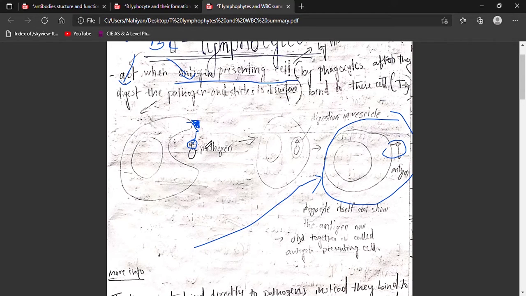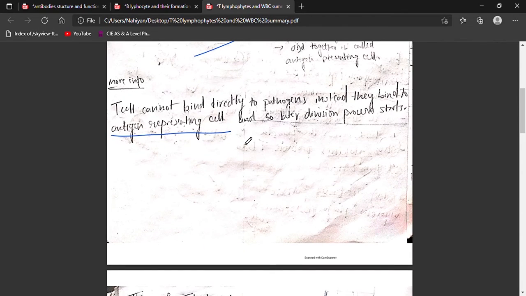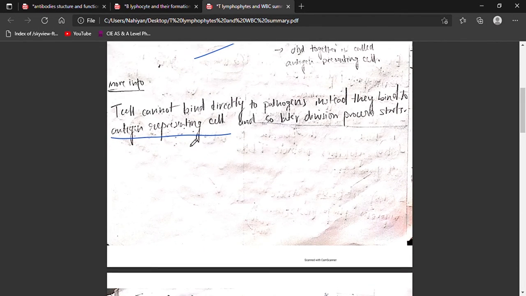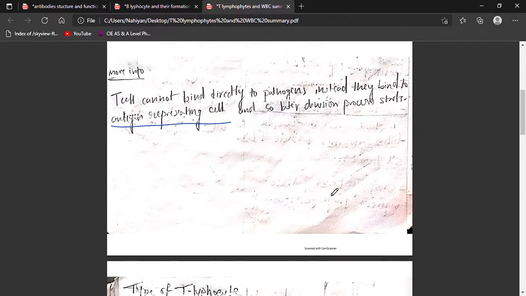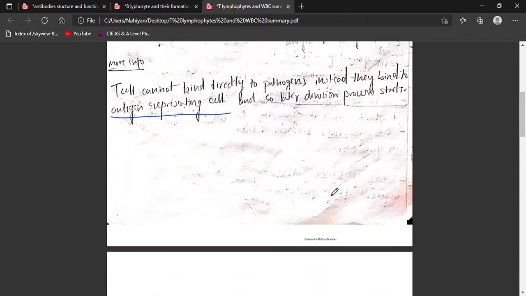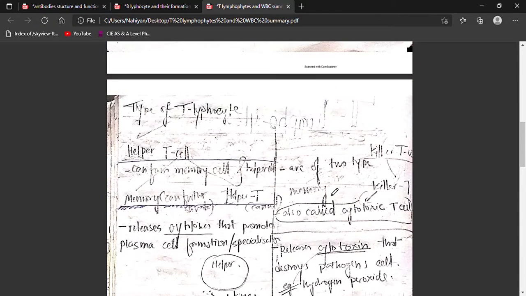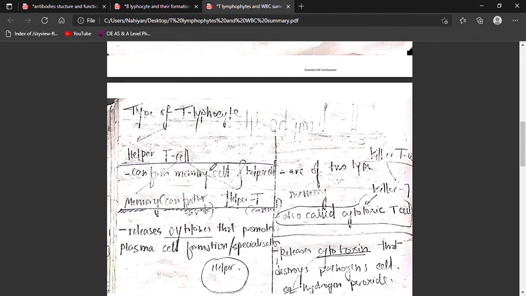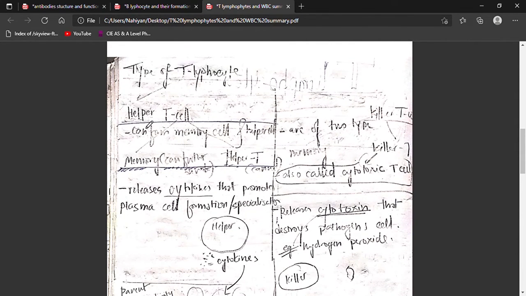This whole thing acts as the antigen presenting cell and triggers the production of T lymphocytes. This is the first difference. The second is that they are similar in that there are two types: one is the helper T cell, and the other is the killer T cell.